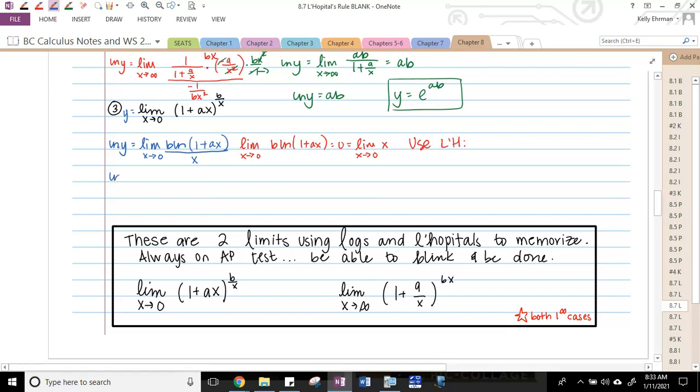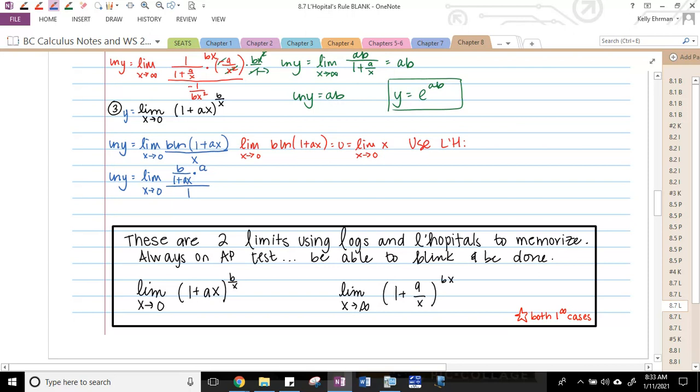That means that the natural log of y is equal to the limit as x approaches 0 of the derivative of b times natural log of 1 plus ax. So b over 1 plus ax times the derivative of 1 plus ax. That one's not quite so ugly, is it? That's just a, divided by the derivative of x, which is 1.